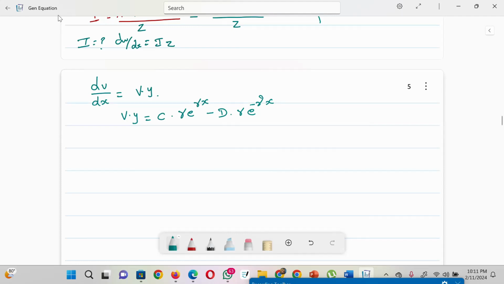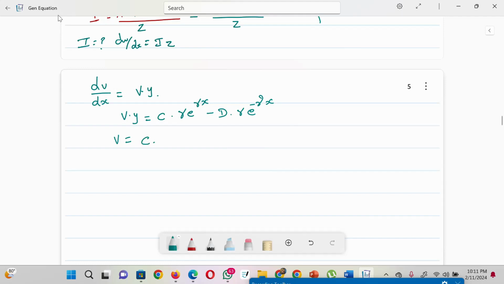Then again we are going to reduce this equation. Finally we got the v value. Same rules we are going to follow here.